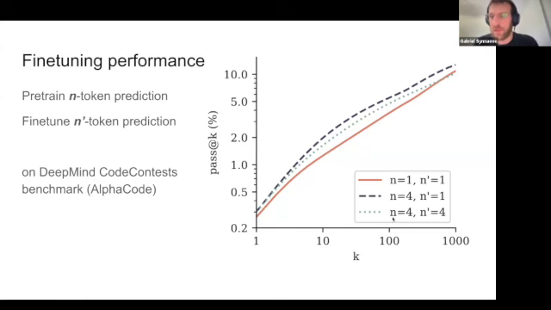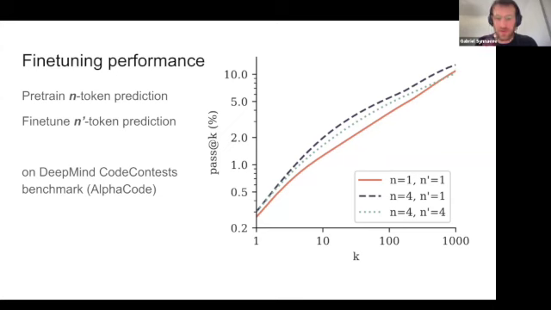Then we did n equal 4 and n prime equal 4, which is the use case you would usually have in mind. You train on lots of code data, you fine-tune on programming contests, and you always use a setting where you predict 4 tokens in the future. And we also tried where you pre-train with n equal 4 and you fine-tune with n prime equal 1. What this blue line shows is that it's actually useful even if you just care about pre-training.